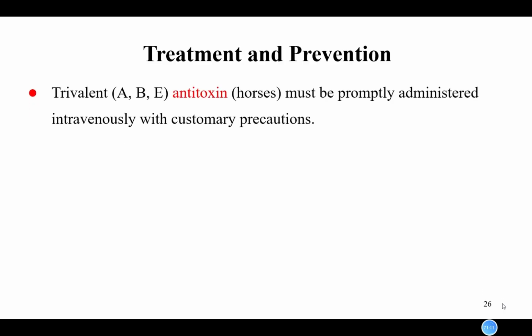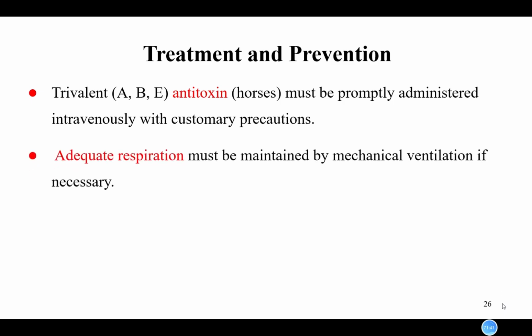Okay. To treat the patient, we can provide immediate protection with antitoxin. That's the antiserum from horses. Those antitoxins can neutralize toxin types A, B, and E, and that can provide immediate protection.